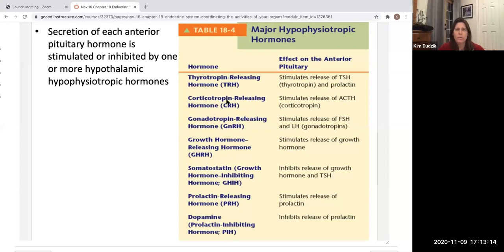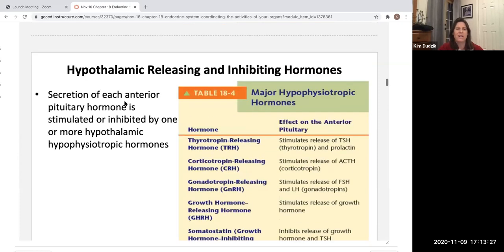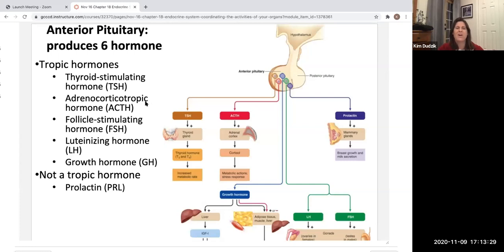So that travels through the portal system, through the infundibulum, targets the epithelial cells in the anterior pituitary that make ACTH, adrenocorticotropic hormone. Okay, right here. So that gets in the general bloodstream and stimulates the target cells in the adrenal cortex. And then again, we'll continue that in a minute. And then we're going to put everything together at the end.